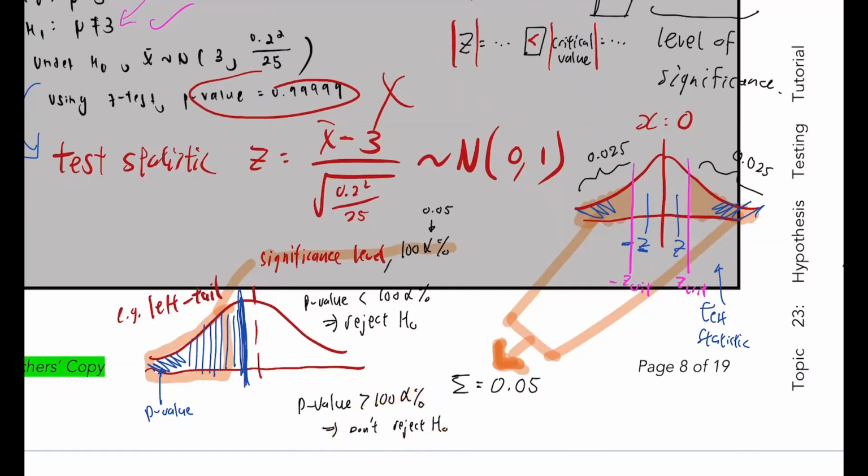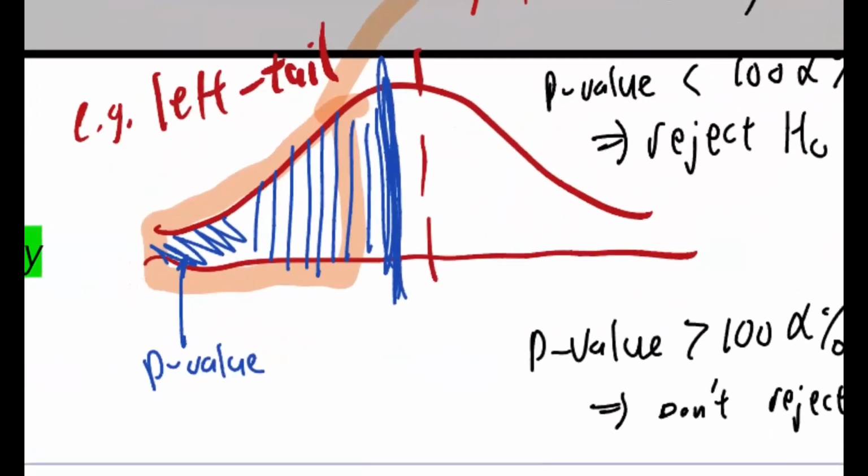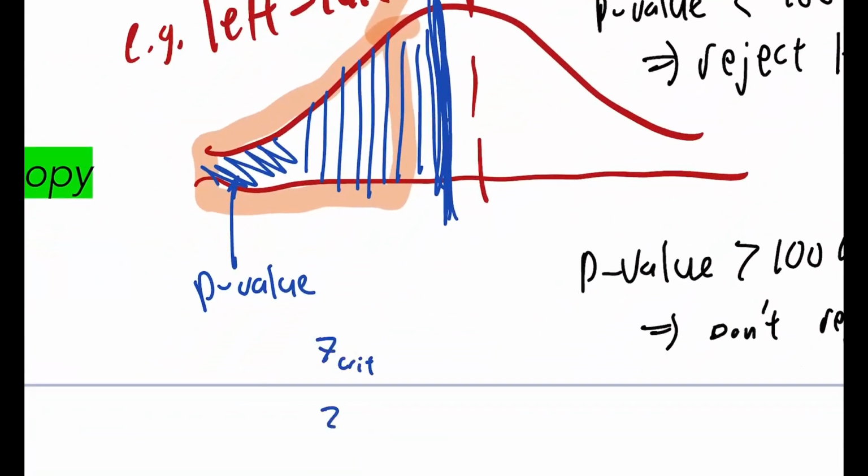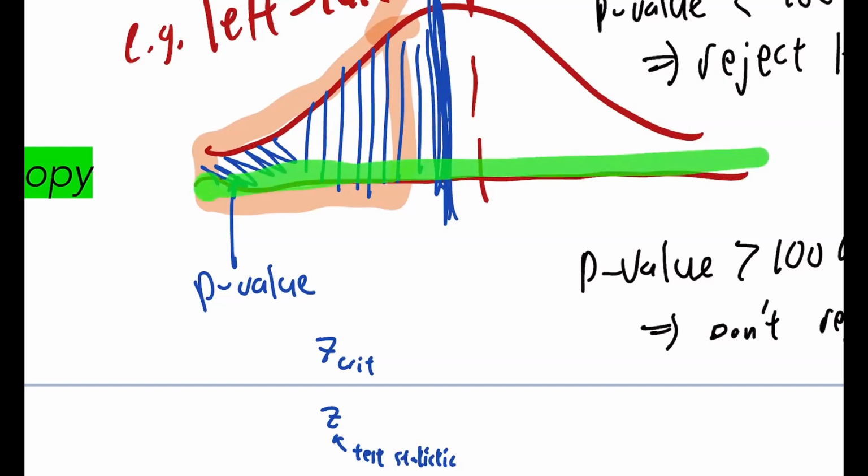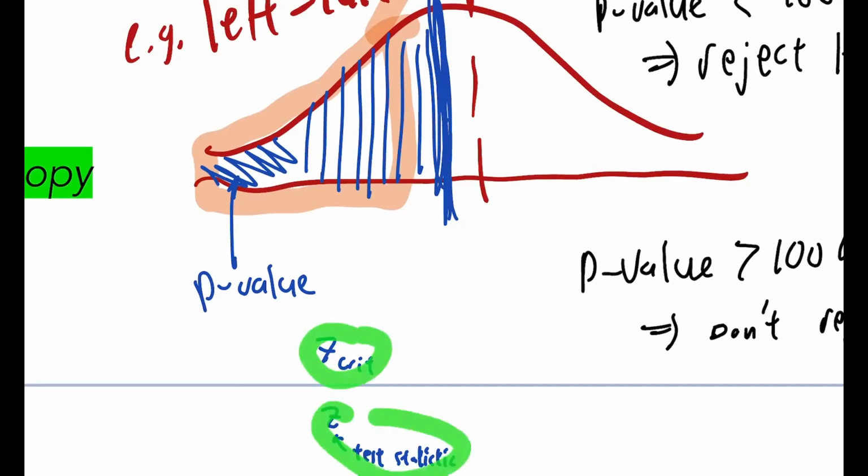Okay? So, but now if you translate it into the critical value and test statistic, can you tell me where is my Z crit? Can you tell me where is my Z, the test statistic? Can you label on the graph? Hint for you, it should be along the x-axis, one of the values. Where's my Z crit? Where's my Z test statistic?